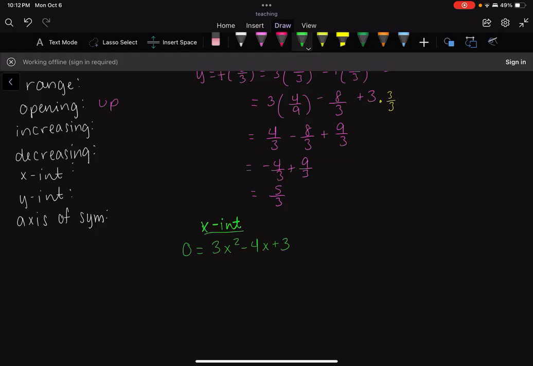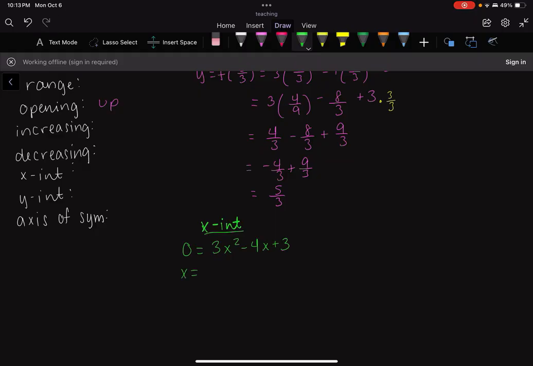We can try to factor this. I do not believe that it factors. So we will have to try something else. In that case, you can try completing the square. I don't think it's helpful on this one, so I'm just going to use quadratic formula.